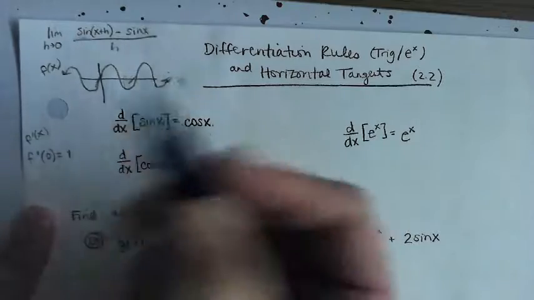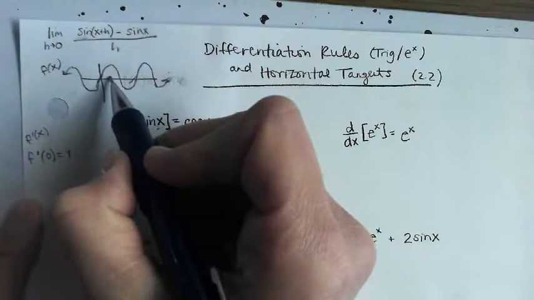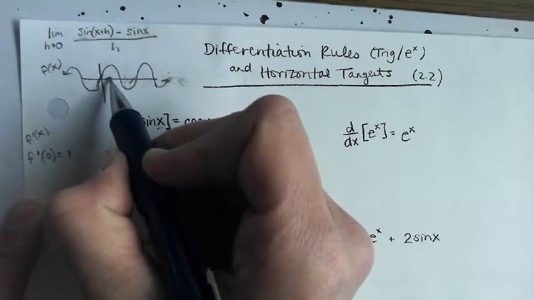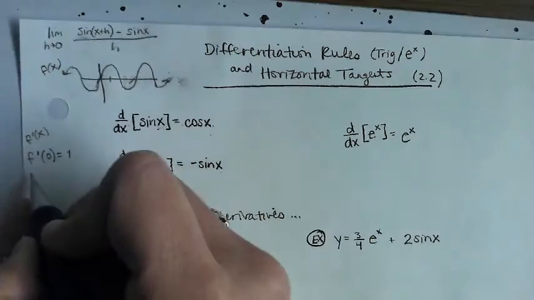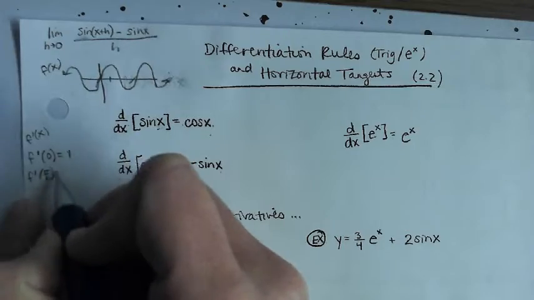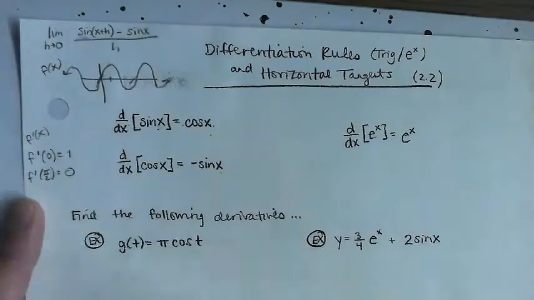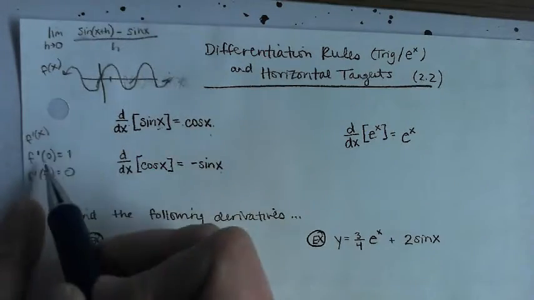About 1, right? And it is exactly 1. And then if you get to f prime of pi over 2, the slope there we know is 0, right? And these are your cosine values.